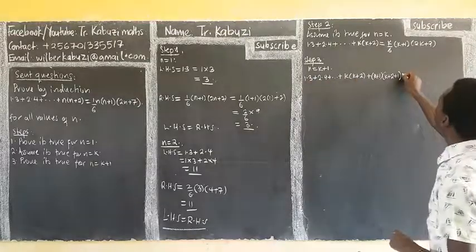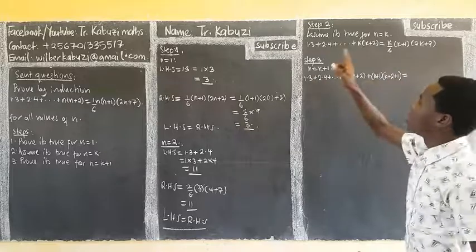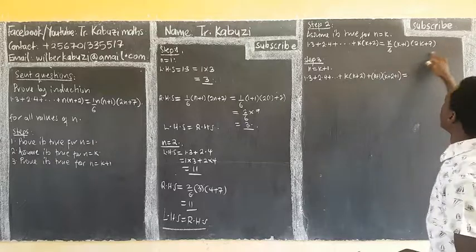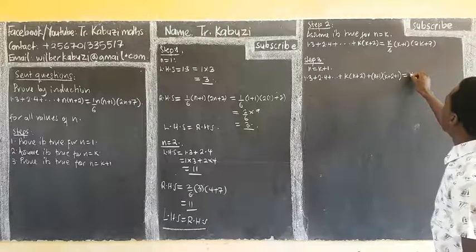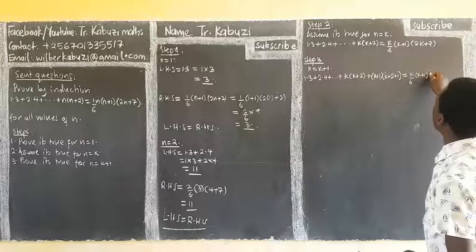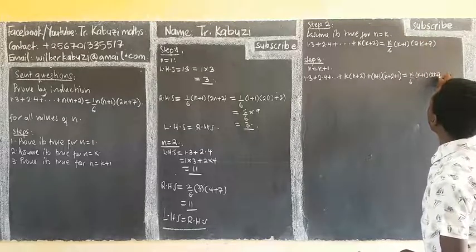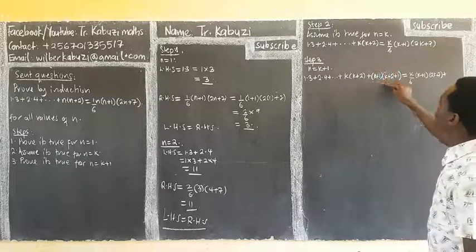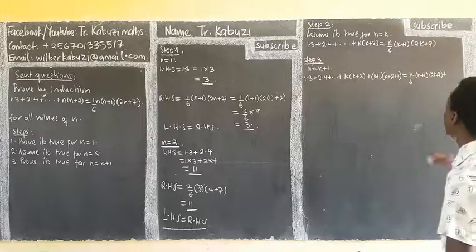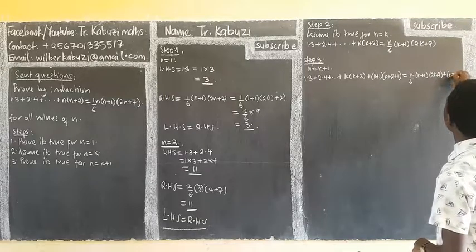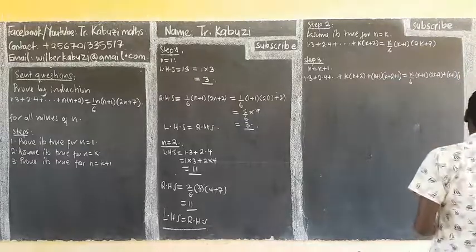So now this side, when n is equal to k plus 1, the whole of this is equal to this. So this is going to be k over 6 into k plus 1 into 2k plus 7. Now you add this term. Remember, this wasn't there. So you add this side, and also you add it this side. So we are adding here k plus 1 into k.